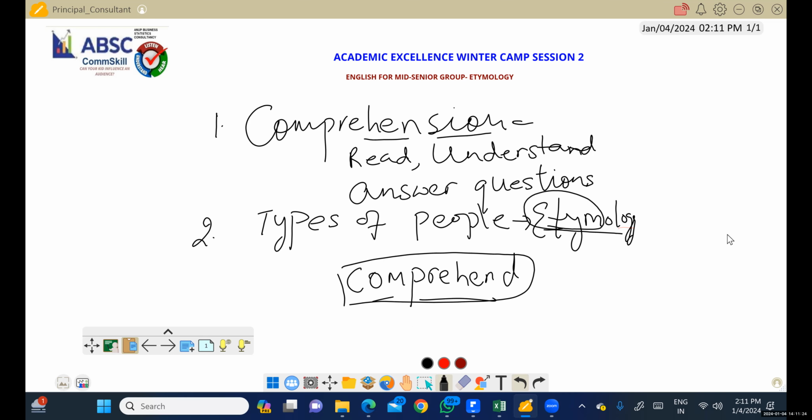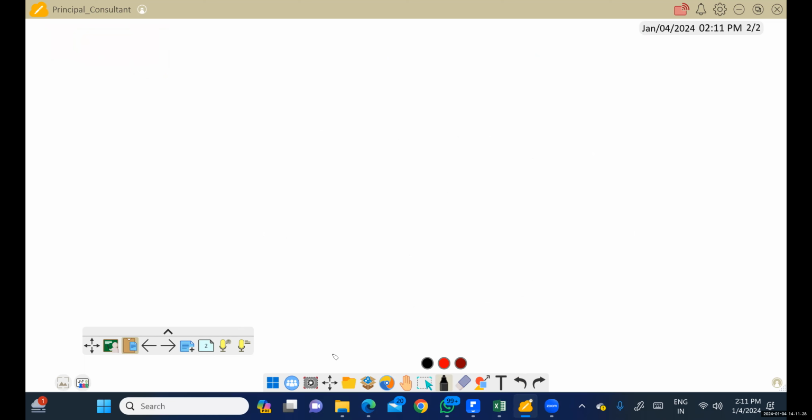First, when you're reading a paragraph, what are the important things to keep in mind? When you're given a comprehension, you have limited time. Let's say you have 20 minutes, so within 20 minutes you have to read the paragraph.